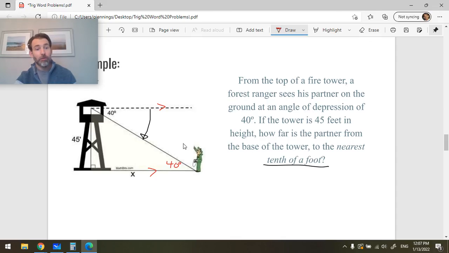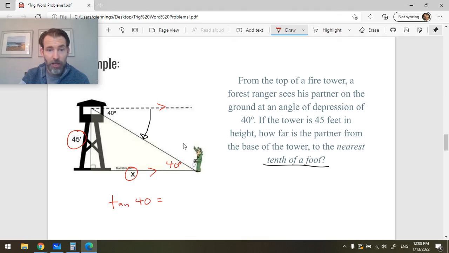So which trigonometric ratio will I use to relate this side to that side? Tangent. Excellent. So tangent is, which one goes on top? Opposite. Yeah, and in this case, opposite is x or 45? 45. Excellent.